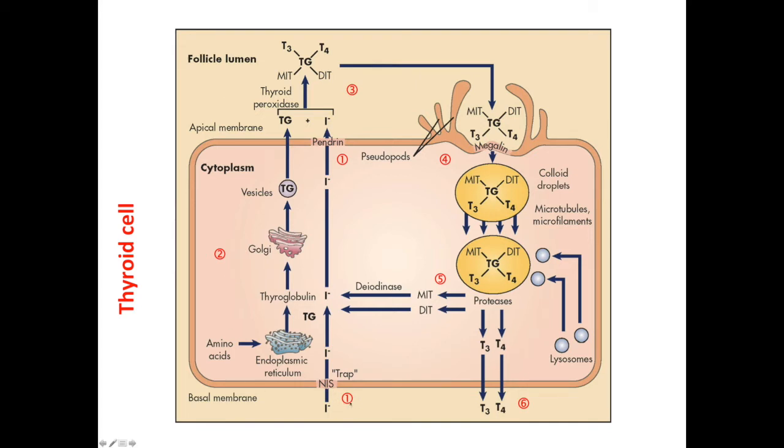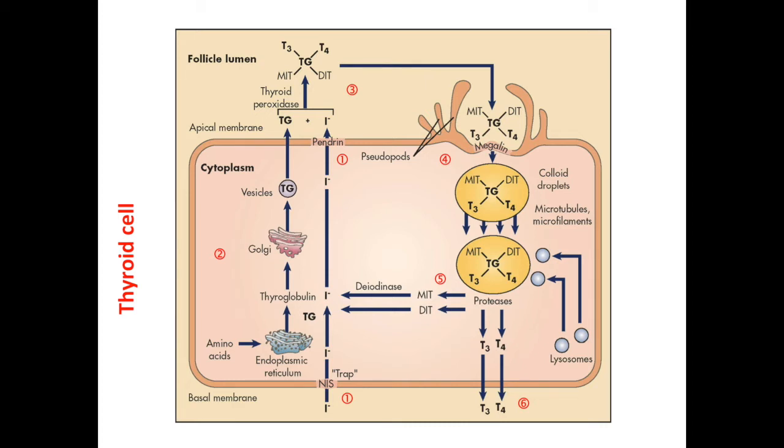And it all begins with this sodium iodine symport, this iodine trap, that can concentrate the iodine in the cytosol of these cells 30 times more than it is in the blood. So it has very high affinity, and it uses a sodium gradient to facilitate its transport across the membrane.